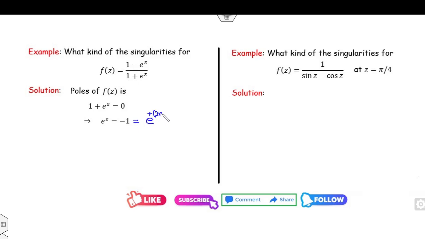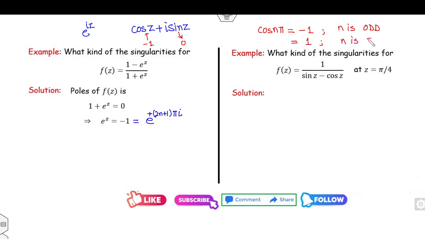This is (2n+1)πi, because we all know e^(iz) is cos z plus i sin z, and your target is to make the cosine part minus 1 and the sine part 0. We know cos nπ is minus 1 whenever n is odd, and plus 1 when n is even. So once it is odd, you can write it as (2n+1)π.